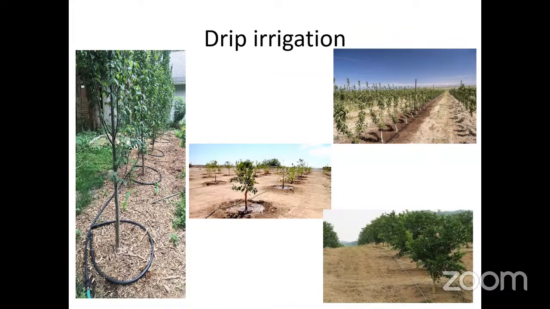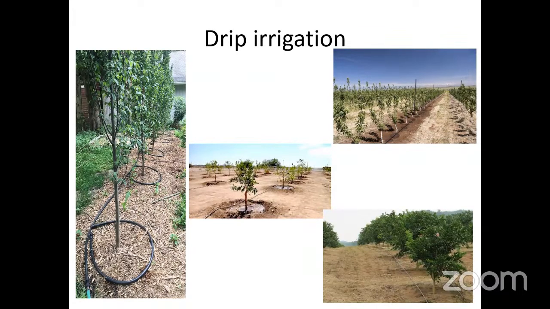By the way, we can also use something called spaghetti Italiano. You can use a drip line, and from that drip line there is an emitter that can be connected with a small diameter irrigation tube. We call it a spaghetti, and you can take it around the tree trunk.